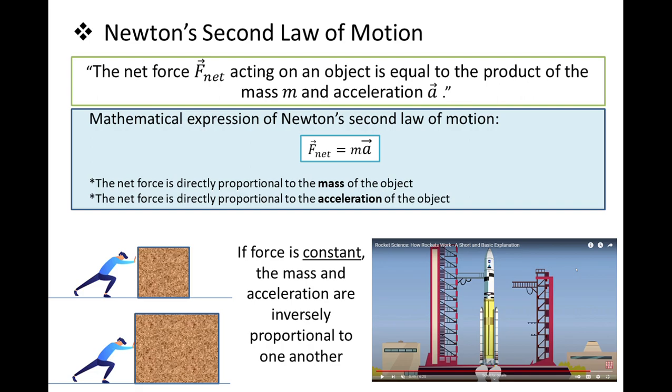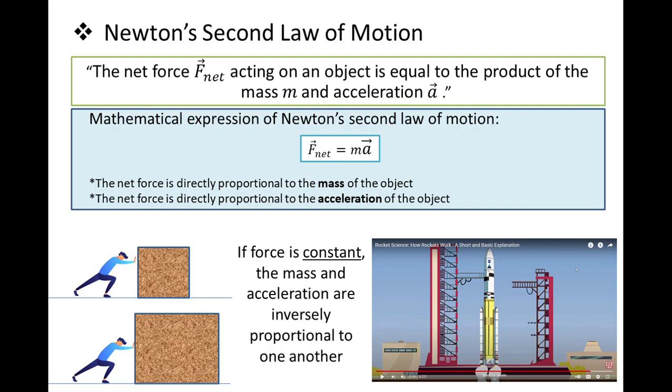How can we illustrate that? Well, suppose that we push two boxes. One is heavier than the other. Which of these boxes is harder to move? It is obvious that the heavier box is harder to move, which means that it requires a greater amount of force.